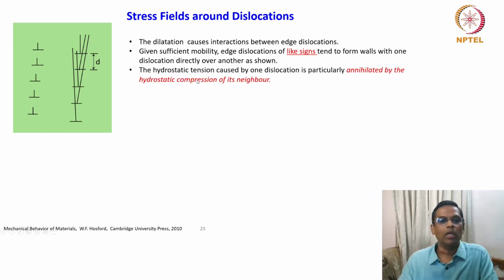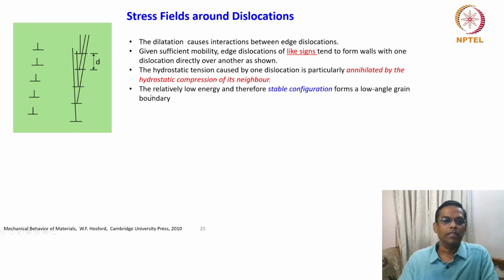The hydrostatic tension caused by one dislocation is partially annihilated by the hydrostatic compression of its neighbor. So this is compression and this is tension, and it just aligns. Very interesting, right? So the relatively low energy and therefore stable configuration forms a low angle grain boundary.